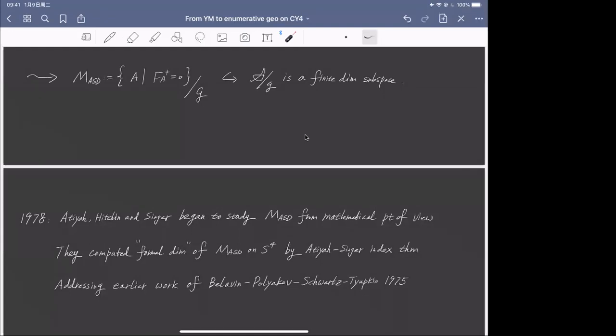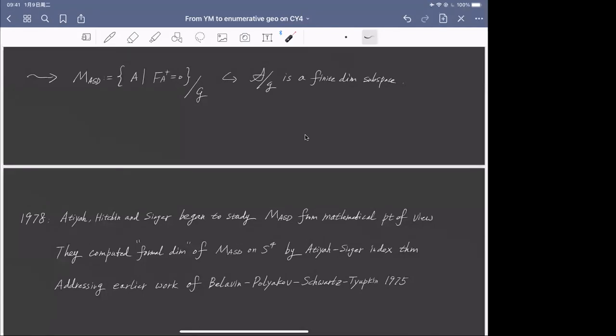Yang-Mills theory begins in 1954, but it turns out that after 20 years, leading mathematicians began to study such a Yang-Mills theory from a mathematical point of view.